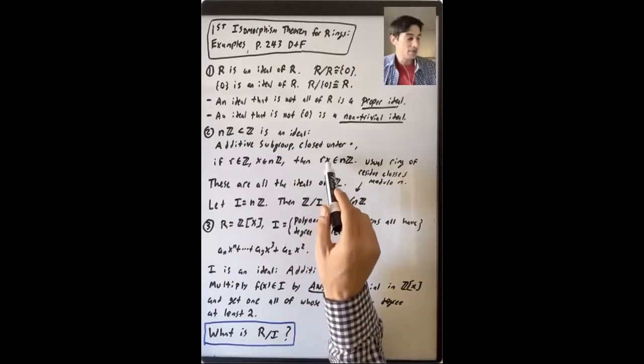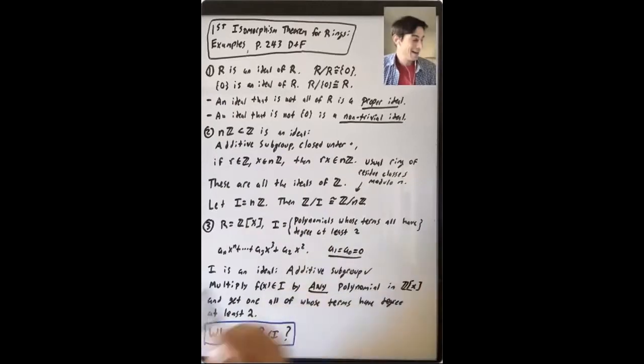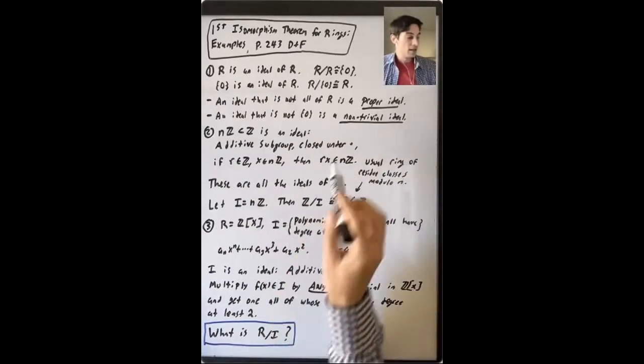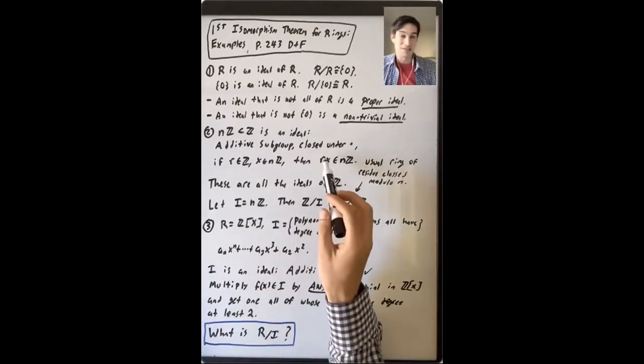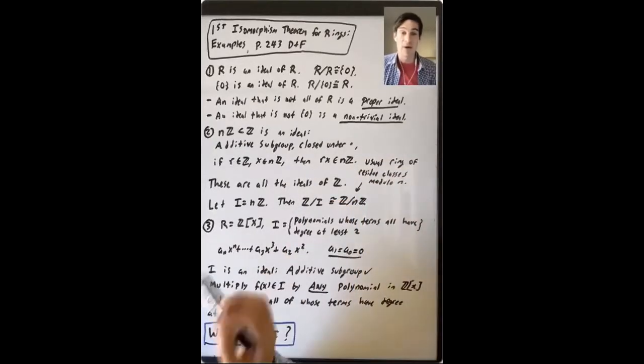That means r times x is r times n times something. So in particular, it lands in nZ. So this is an ideal because it's closed under multiplication by elements of the whole ring, not just closed under multiplication by elements of the ideal nZ.